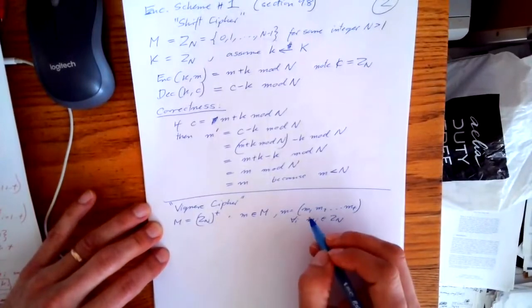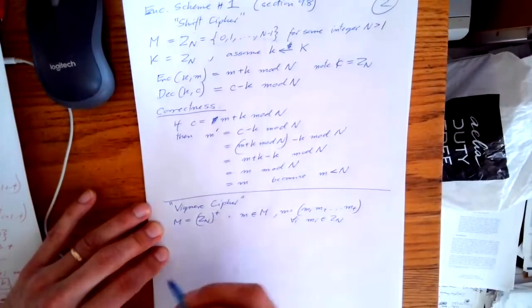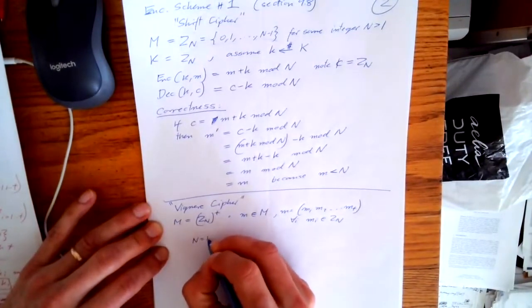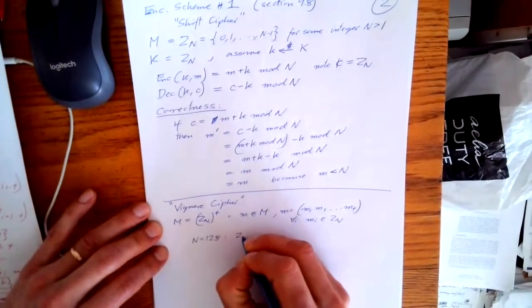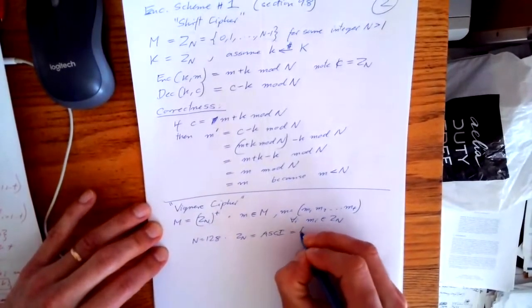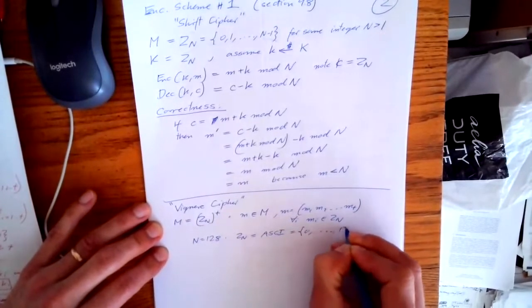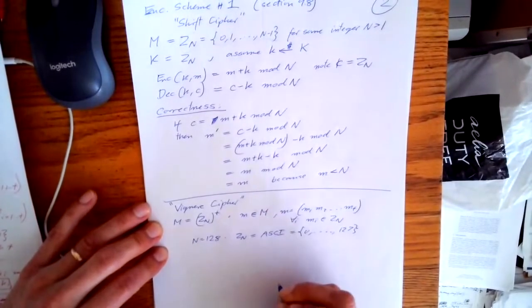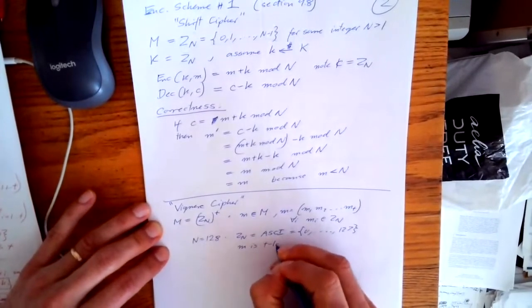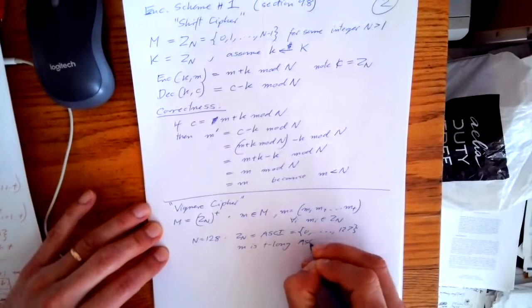Okay, so think, where can you use it? Say n is 128. That's ASCII, right? It's from 0 to 127. So M is a t-long ASCII string.